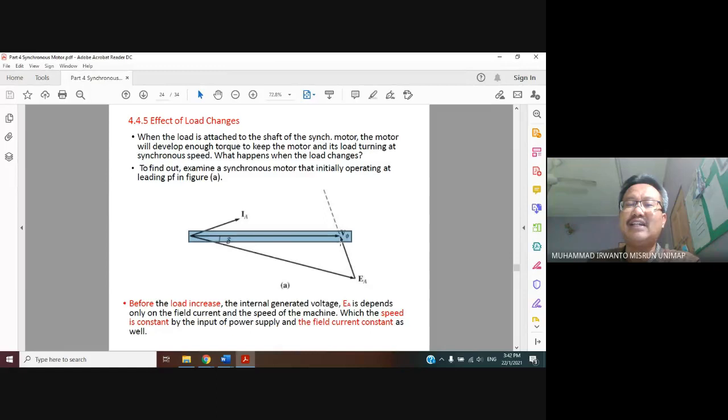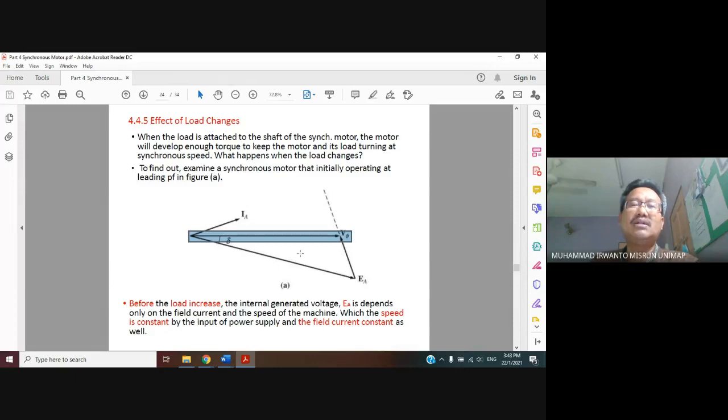It is jXS IA. I repeat again, you have to draw the end of the vector jXS IA, ya, dia ketemu dengan ujung vector V phase, ya. Okay, and then from start to here is the vector of EA.